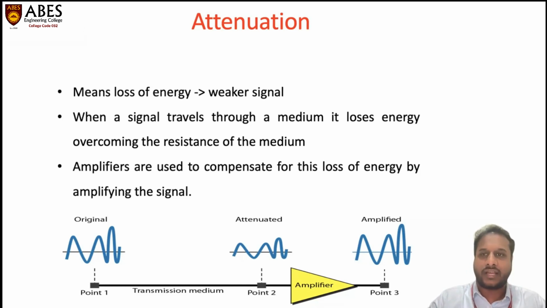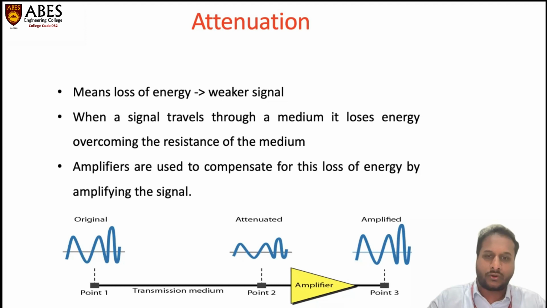That's why there is attenuation in the signal. To overcome this, we need amplifiers and repeaters to increase the signal strength to what it was in the beginning.